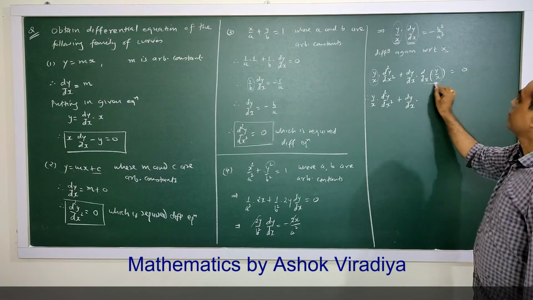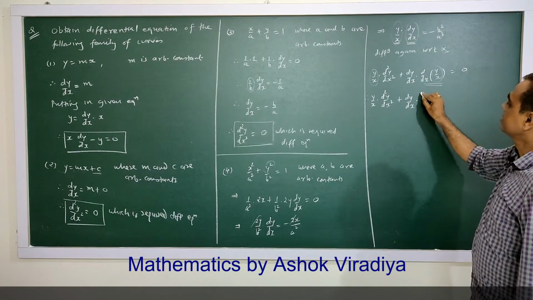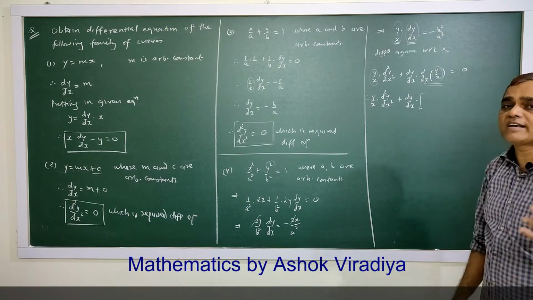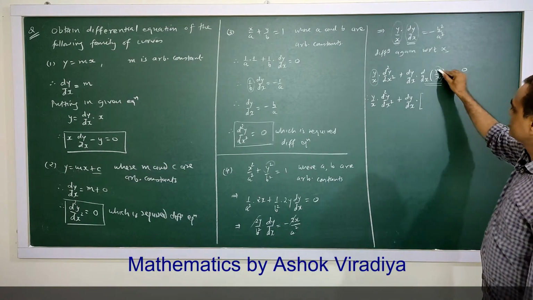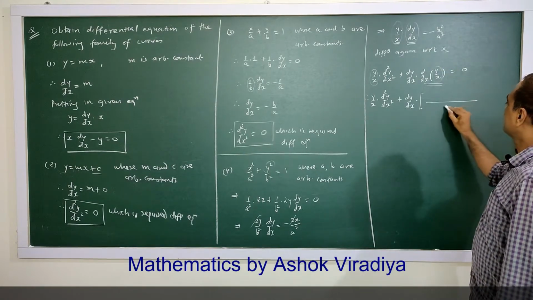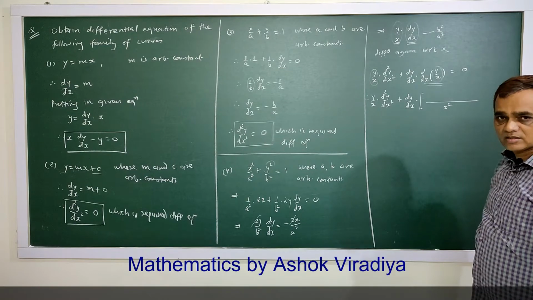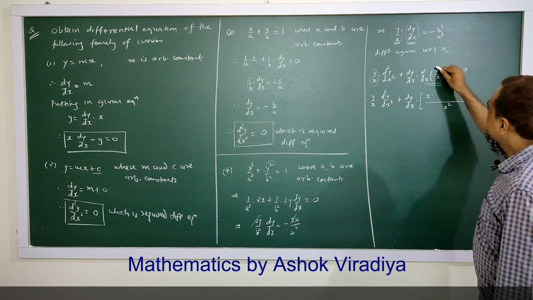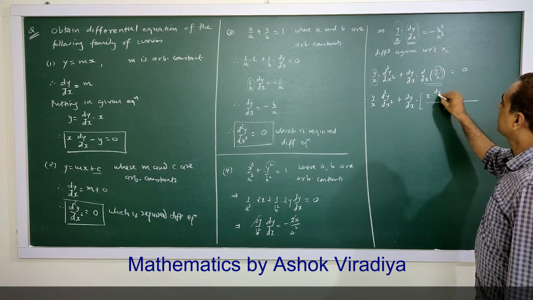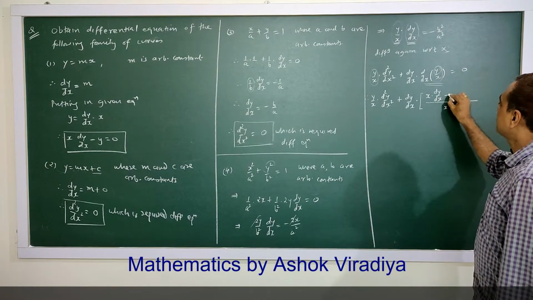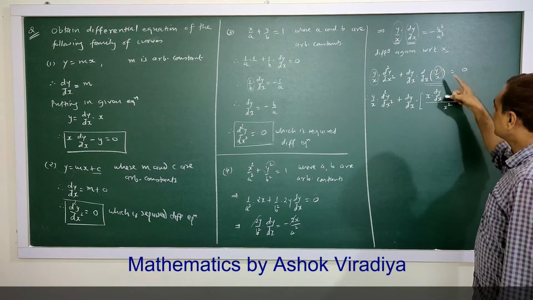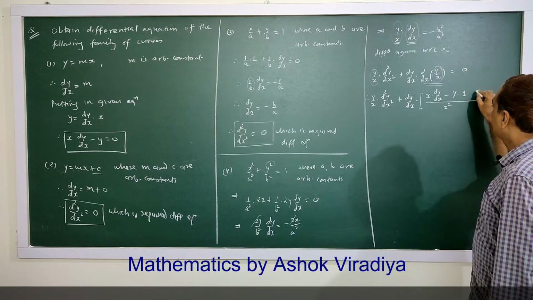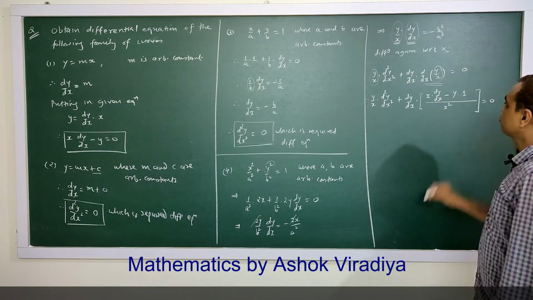Now the derivative of y by x: here we are using u by v, so put v square, v as it is, derivative of y is dy by dx, minus y as it is, derivative of x is 1, equal to 0.